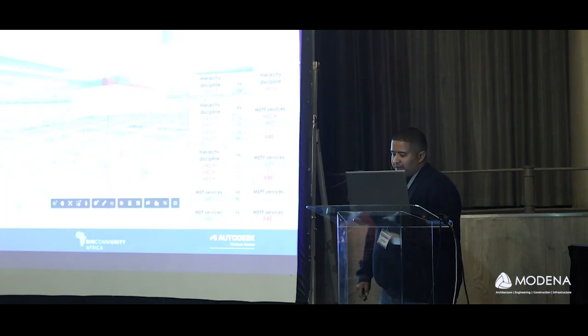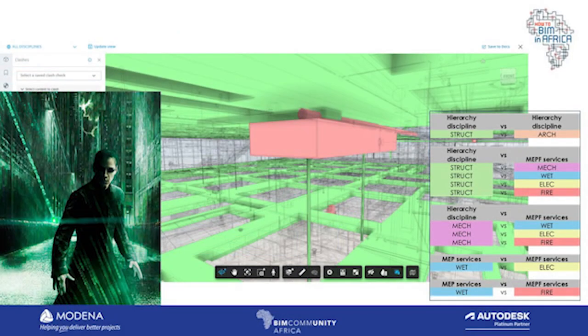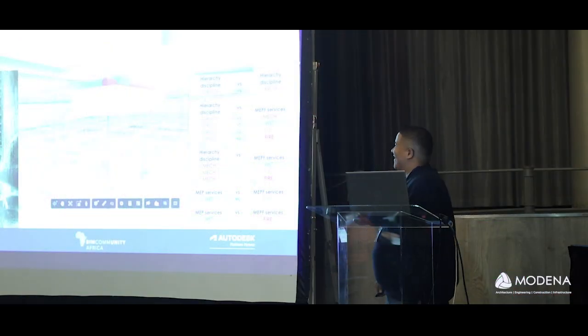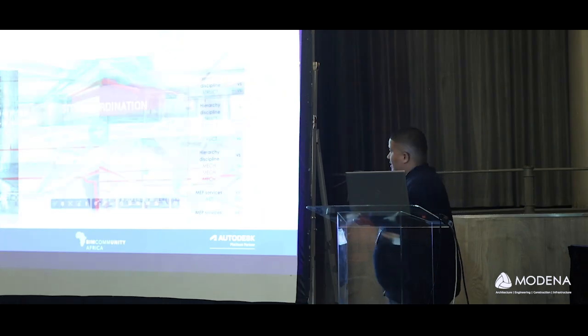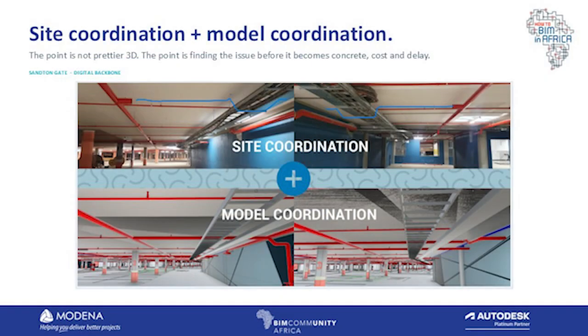So to look at this entering the clash matrix. So okay, taking that hierarchy system and developing a clash matrix where we clash two different disciplines in that sense. So this is kind of like our visual matrix of how our coordination process works. Then heading into the site coordination. So at the bottom, you will see the model coordination.